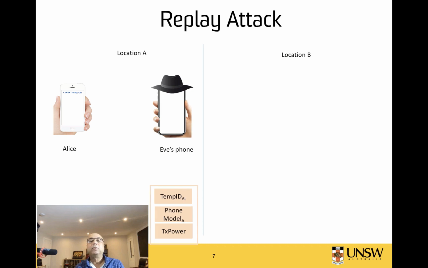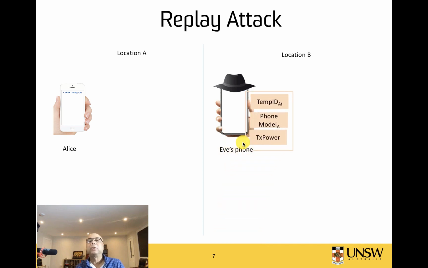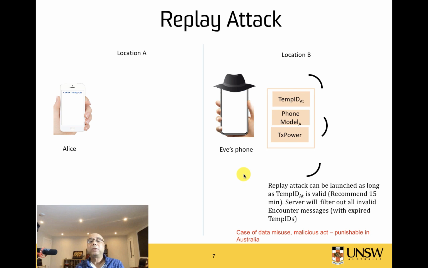They can now move to another location B, and then they can send, say, Alice's record to other people. That would mean that although Alice was in location A, that gets broadcast to other people. And if they contract the disease, then Alice may get a call. At the worst, it's a prank. Also, in Australia, this kind of thing is basically a punishable act.